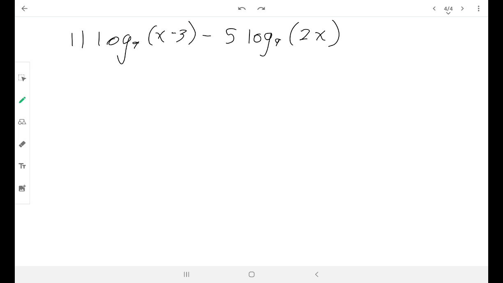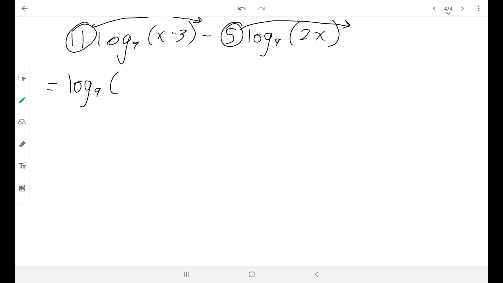So I'm going to take this 11, I'm going to make it a power. I'm going to take this 5, I'm going to make it a power. So that's going to give me log base 9 of x minus 3 all raised to the 11th power minus log base 9 of 2x, that whole thing, raised to the 5th power.